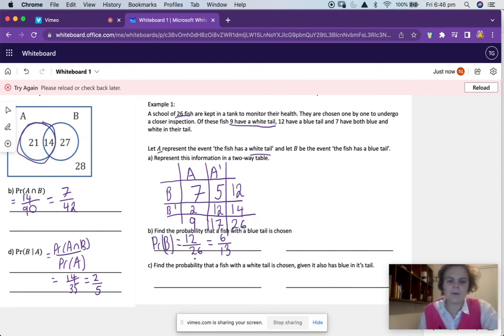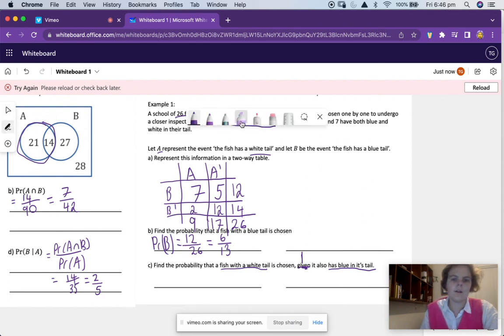Now we want to find the probability that a fish with a white tail is chosen, given, or whenever we see given, we know that we're talking about conditional probability. It has blue in its tail. So now we know, given that it has blue in its tail, we're talking about this section here. So given we know it's blue, how many have white?